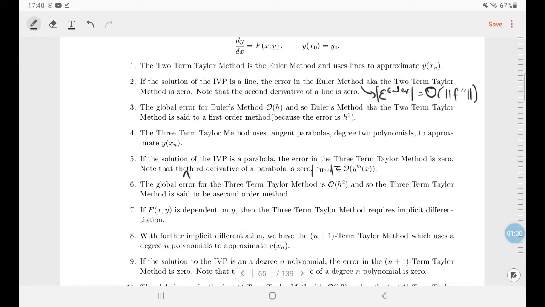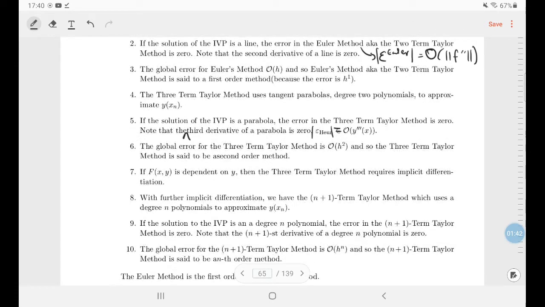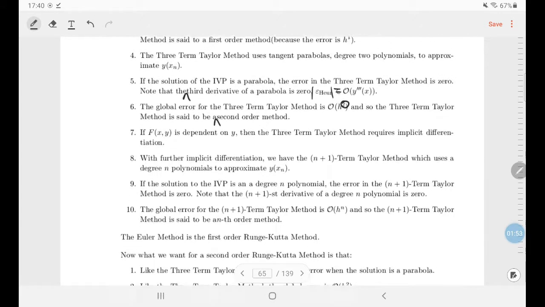In other words, the error is less than a multiple of the third derivative, and if the third derivative is zero, in other words if the solution is a parabola, the error in the three-term Taylor method is zero. The global error for the three-term Taylor method is order h squared, and so the three-term Taylor method is said to be a second order method because the error is order h squared.